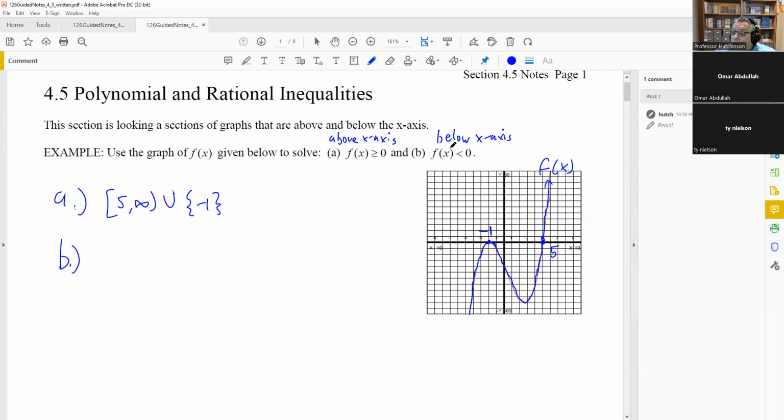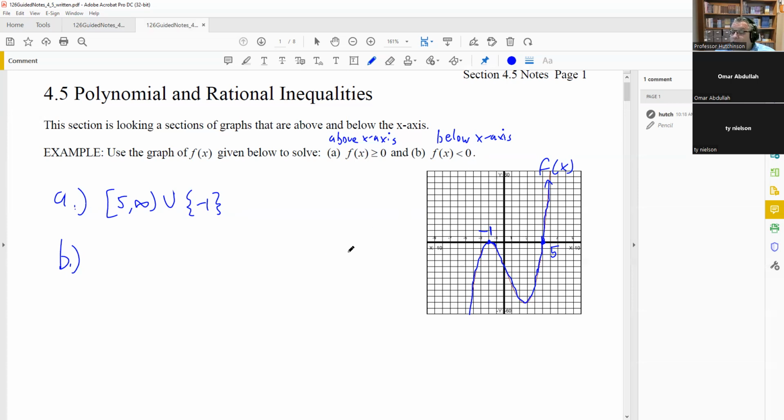For part B, you're looking for the graph that is below the x-axis. So that's actually going to be all of this right here. Now it's incorrect for us to put -infinity to 5. The reason why is because we already set up in part A that -1 is where it equals 0, but this says less than, but not equal to 0.